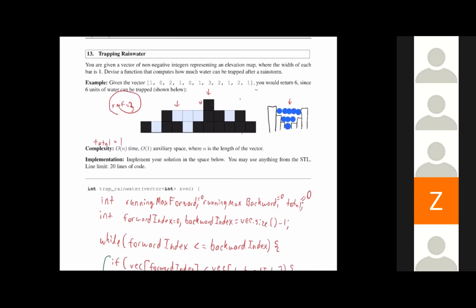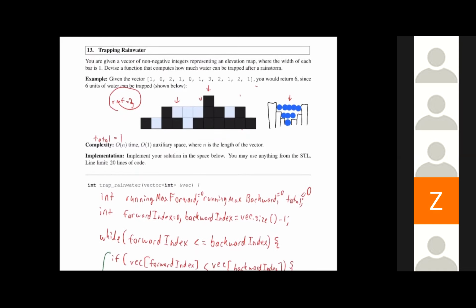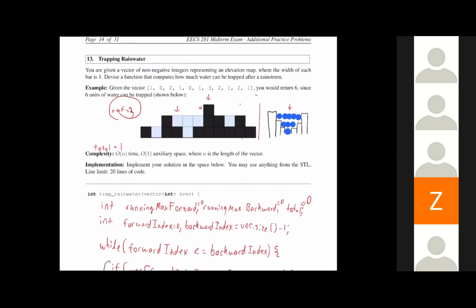So what if we don't find something taller until the very end though, like all the way here? Then we'd have to increment it all the way to the end, right? Yeah. Okay, and then we really just wouldn't be sure how to fill everything in between with water.